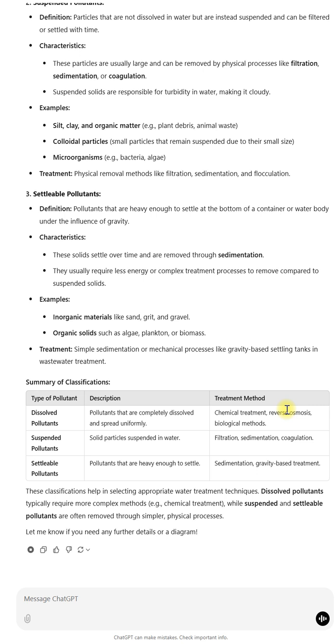Settlable pollutants: pollutants that are heavy enough to settle. Treatment: sedimentation, gravity-based treatment. These classifications help in selecting appropriate water treatment techniques. Dissolved pollutants typically require more complex methods, e.g., chemical treatment, while suspended and settlable pollutants are often removed through simpler physical processes. Let me know if you need any further details or a diagram.